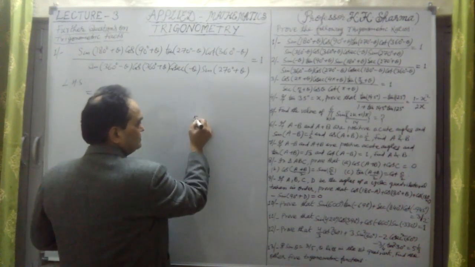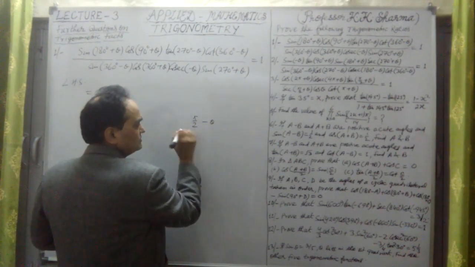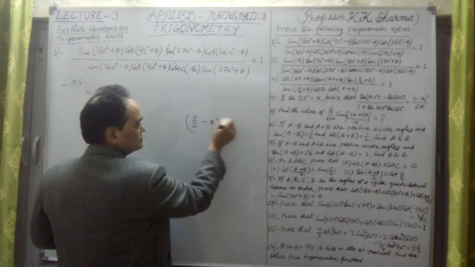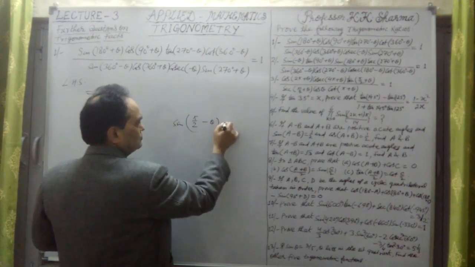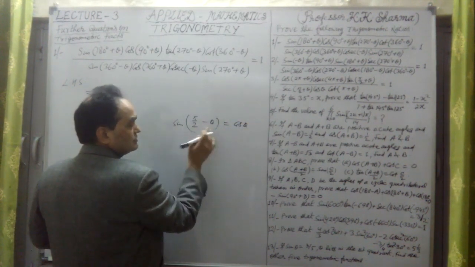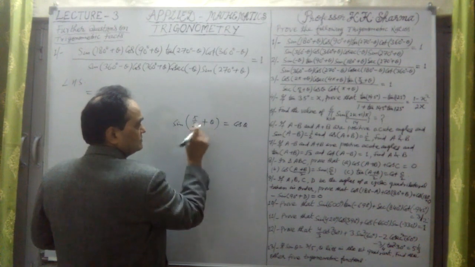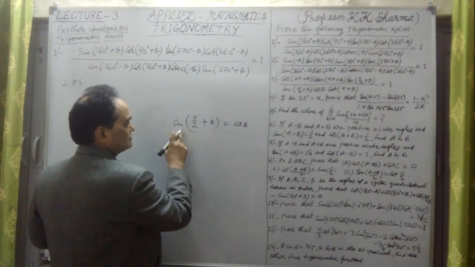Now another point. If it is 90 degree or pi by 2 minus theta or plus theta, sine becomes cos and cos becomes sine.